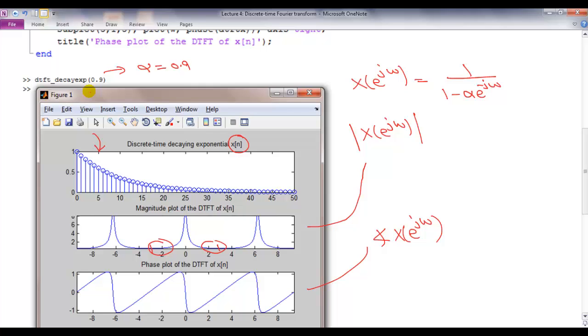On the other hand, if I make alpha small, then it's going to 0 very fast. Right? The closer I make alpha to 0, the faster it's going to go to 0. And because of that, we expect that the Fourier transform of that will have more presence of high frequencies. So let's try to verify that.